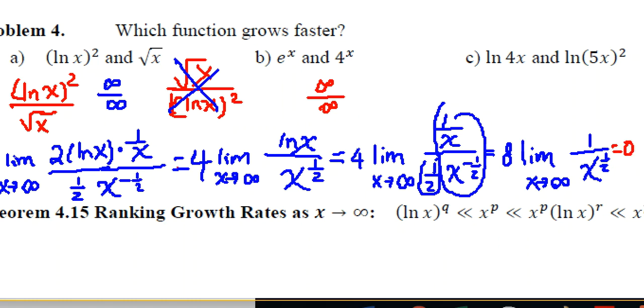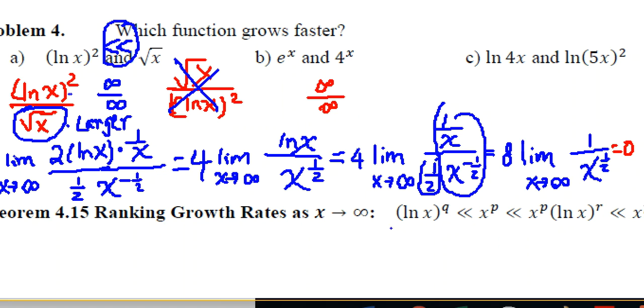So when this happens, that means the bottom has to be much larger than the top. So therefore, square root of x must be much larger, which means it grows faster than natural log of x squared. This is the symbol that we will use to represent that square root of x grows faster than the natural log of x squared.